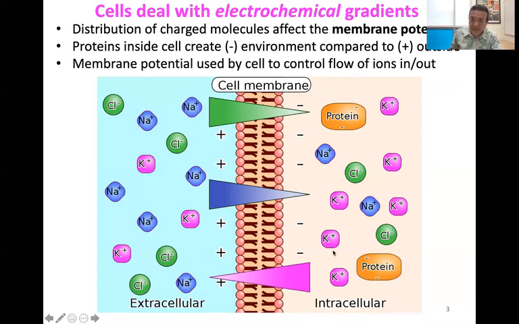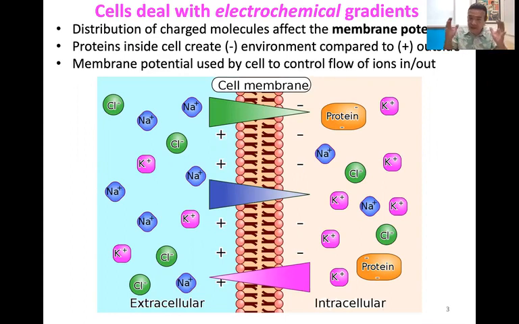Potassium is sort of the reverse. You have way more potassium ions inside of the cell compared to outside. So the natural flow in terms of number of potassium ions would be from the intracellular out to the extracellular. But keep in mind that the cell is actually keeping these two concentrations purposely imbalanced like this, and we will learn why that is.